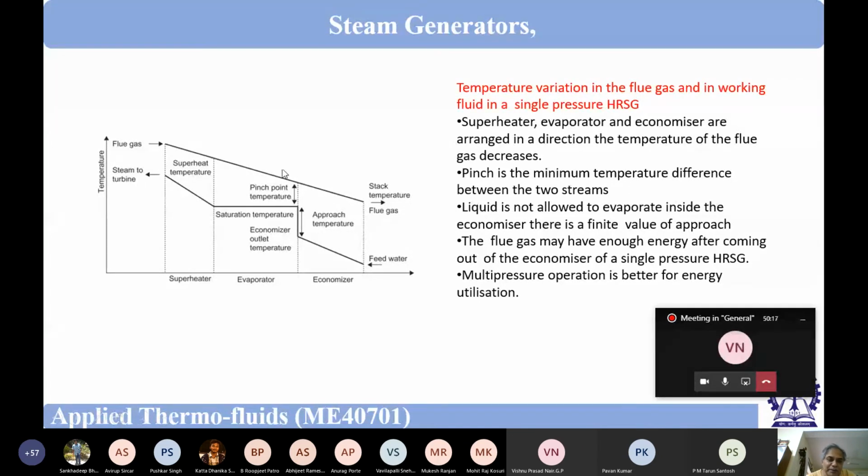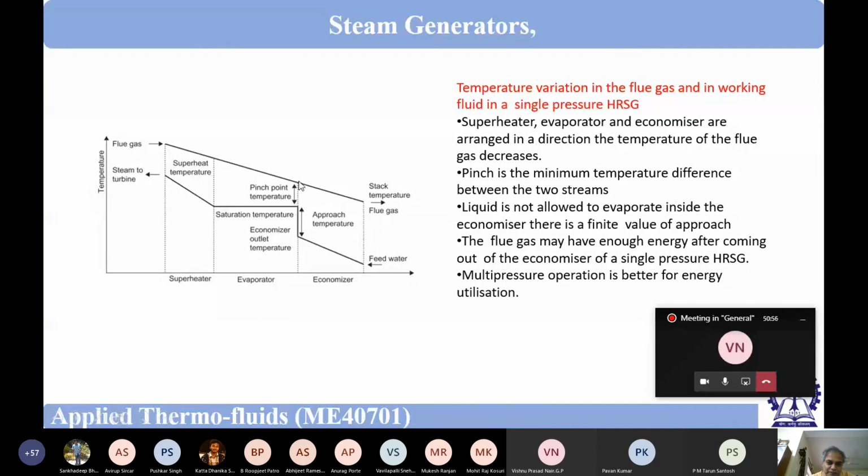The minimum temperature difference between these two streams, the flue gas and the working fluid of the cycle, is at the end of the economizer, where the fluid has reached more or less the saturation temperature, or at the beginning of the evaporator.